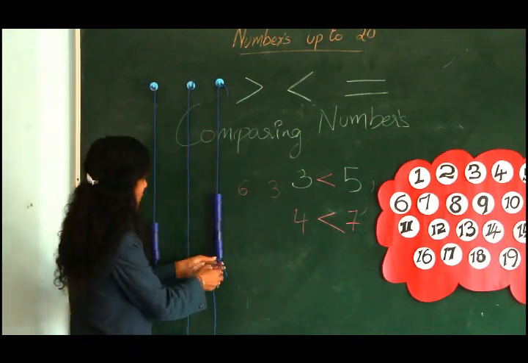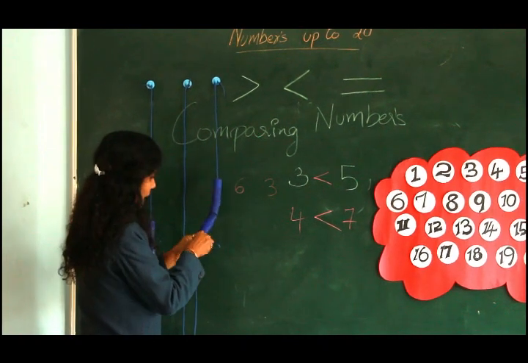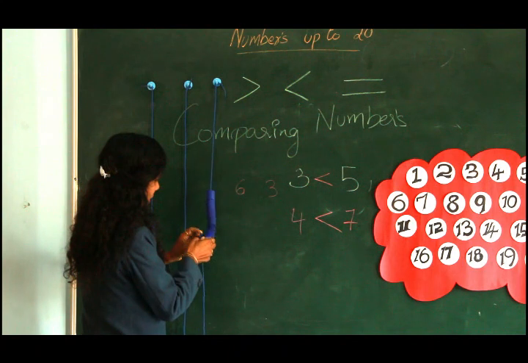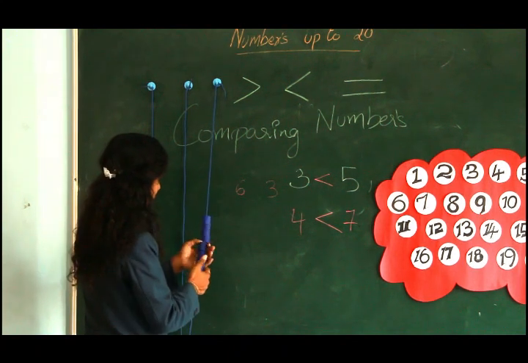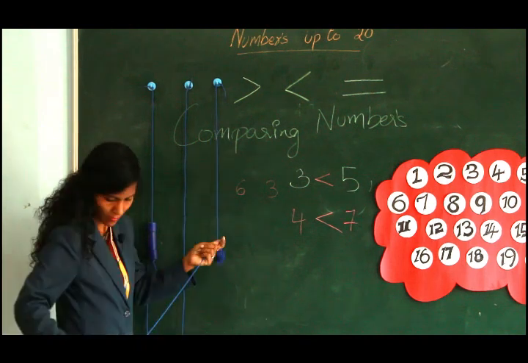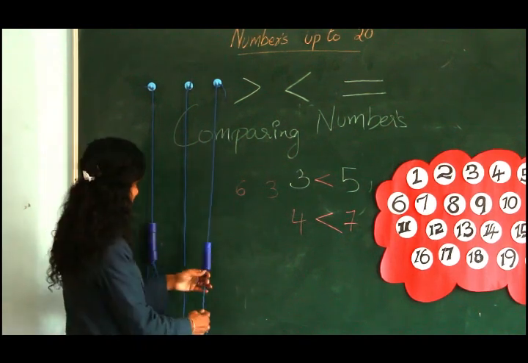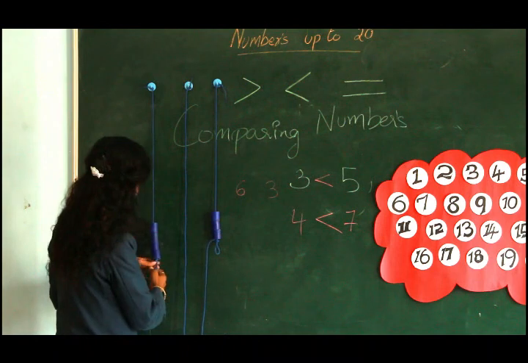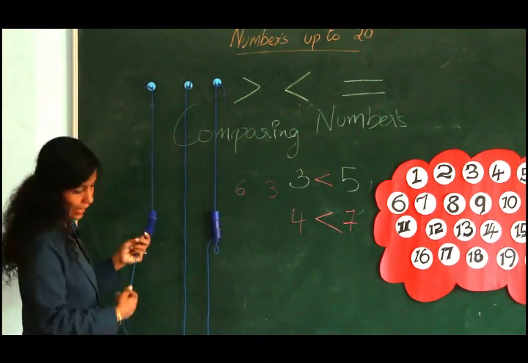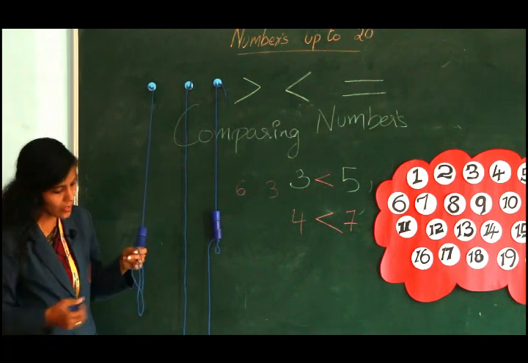Taking another option of 6 and 3. So we take out 4 beads from here. And we put 2 beads here.